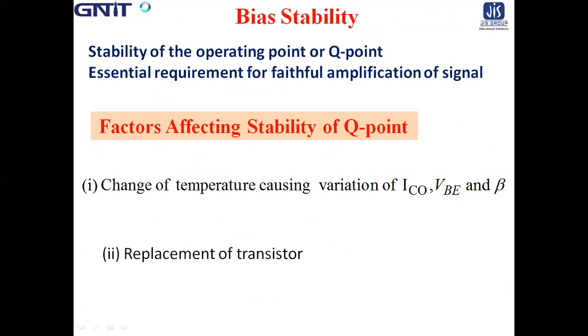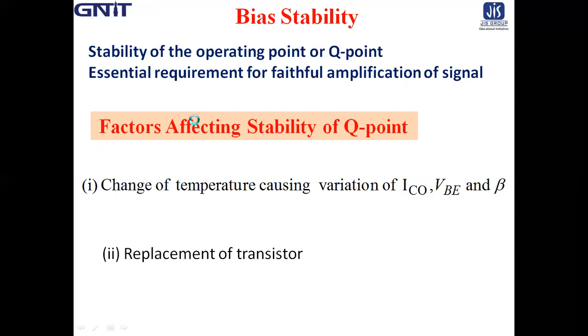Actually, bias stability means stability of the operating point or Q point. Even if the Q point is selected from the biasing circuit, it needs to remain stable or unchanged.